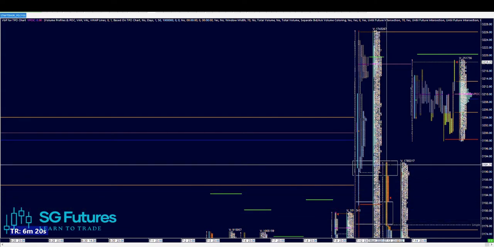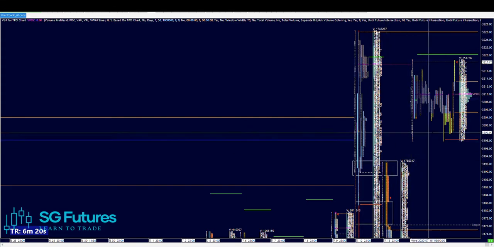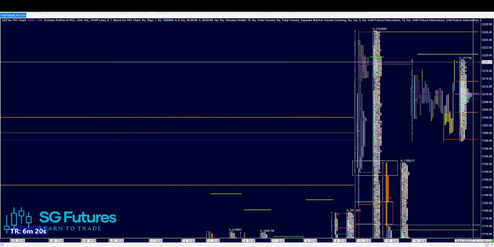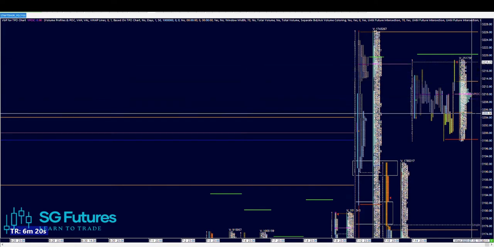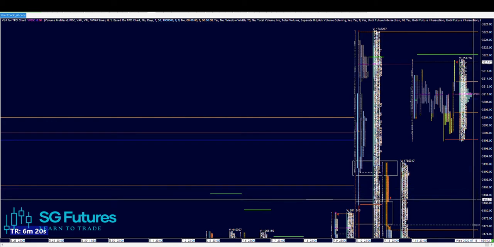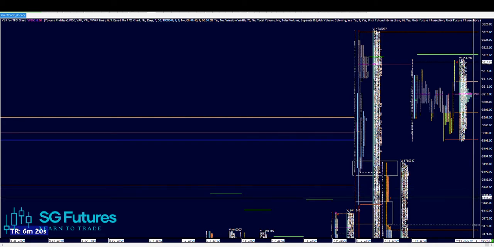But I would have an expectation that today, depending on where we open, if we open in this zone here, that would represent a pretty significant gap, and we would look for some sort of a gap close. That would be maybe some wholesale getting short off the open, with a view to taking it down here and taking profit based on some of the inventory that they took in overnight.